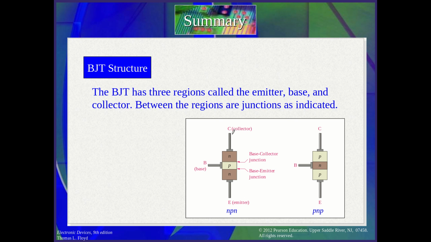As you increase the IB value, you see that this curve goes up. At 0, if the IB is 0, there is a cutoff region, so nothing works. The transistor doesn't allow any IC current to come across. So we call it a cutoff region.